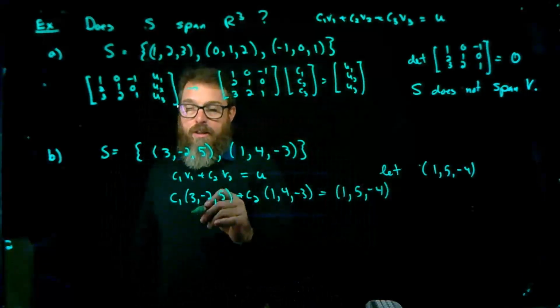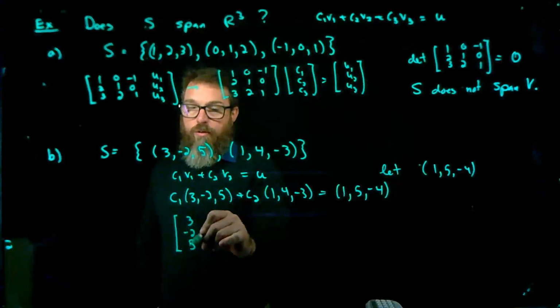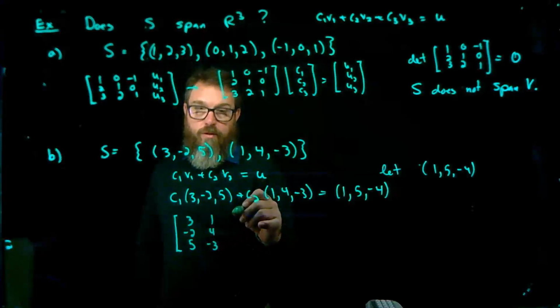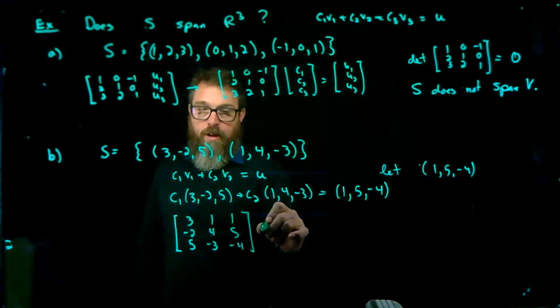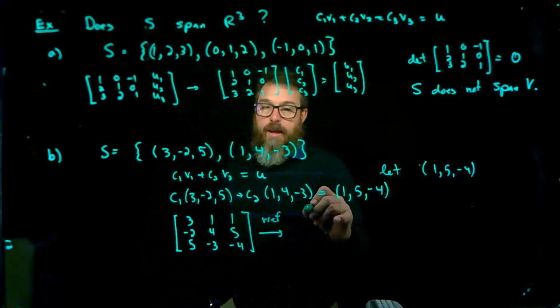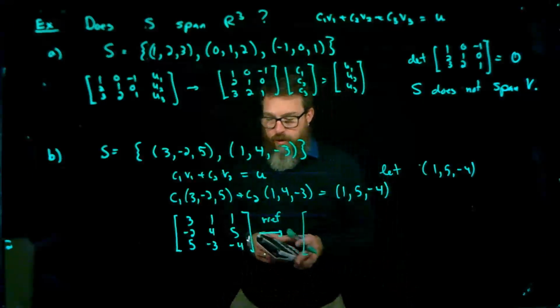Now when I set this up, I can write this in augmented form: 3, minus 2, 5; this is 1, 4, minus 3; and this is equal to 1, 5, minus 4. I'm going to row reduce this matrix to echelon form, and I'm going to show you that I don't have a unique solution for this.